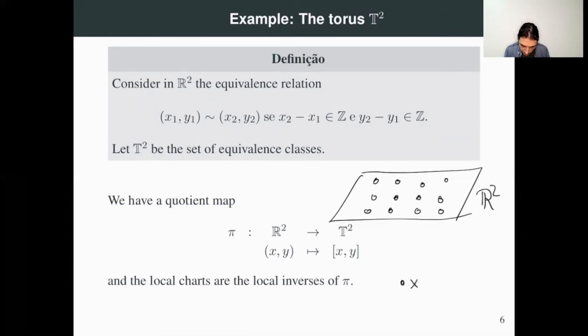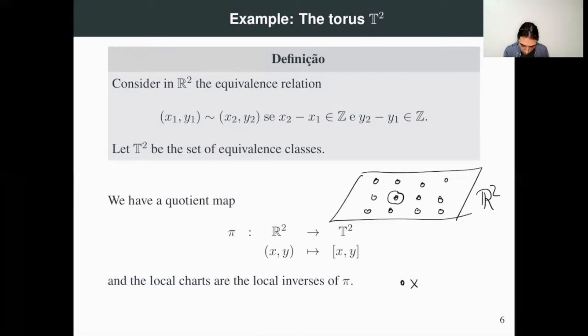What happens is that if we consider a small neighborhood, then in that neighborhood you don't have points that represent different classes, because if the neighborhood is small and the difference of the coordinates is an integer number, it has to be 0.